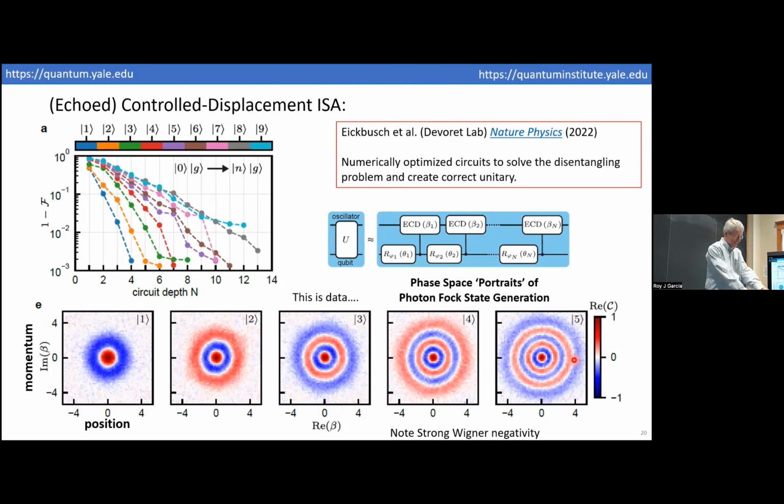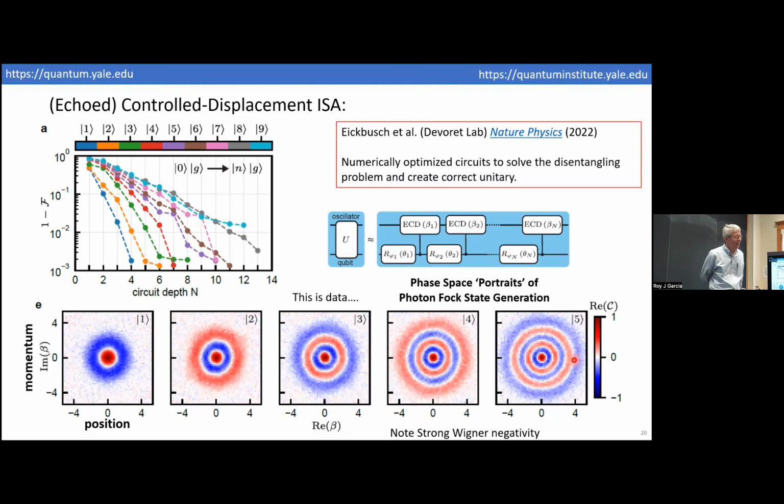And this is data, by the way, it's not simulation. So you put like 5 photons in the microwave cavity and it just stays there for the lifetime of the cavity. So you have to do all of this in much less than a millisecond, but you have plenty of time to make all these things.